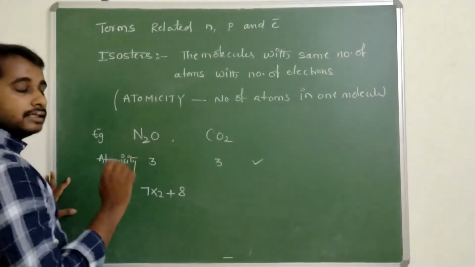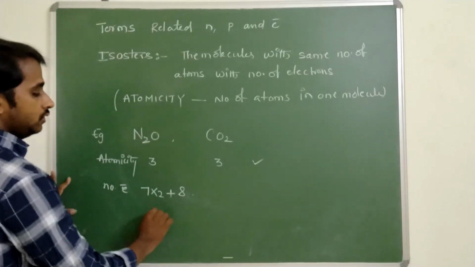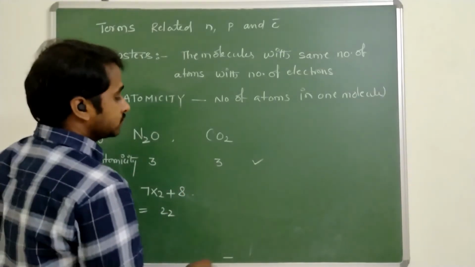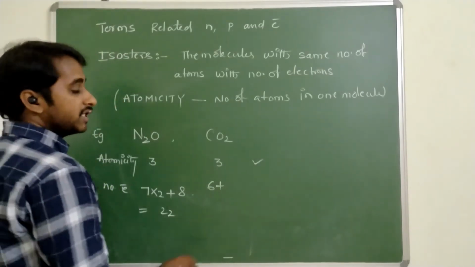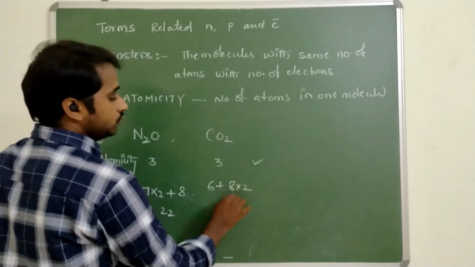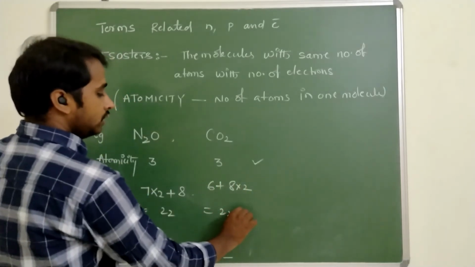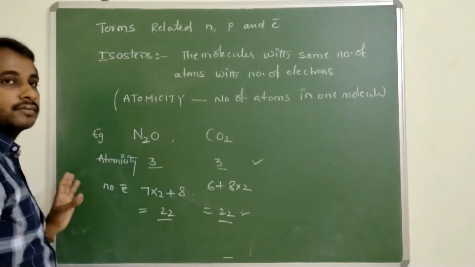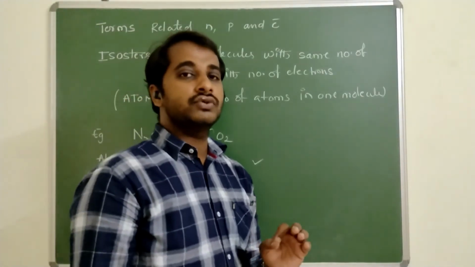So 14 plus 8, 22 electrons. Coming to CO2, C has atomic number 6, oxygen has atomic number 8, 8 into 2 is 16, 16 plus 6, 22. So same number of electrons and same number of atoms. So these two act as isosters to each other.